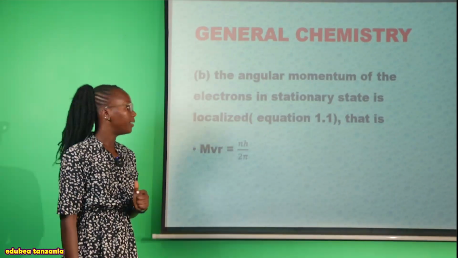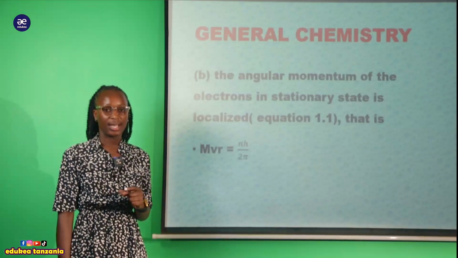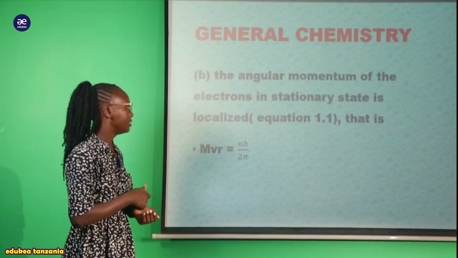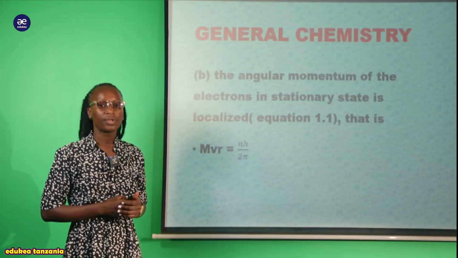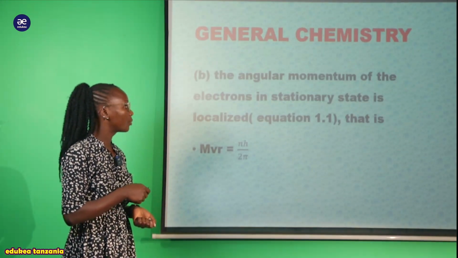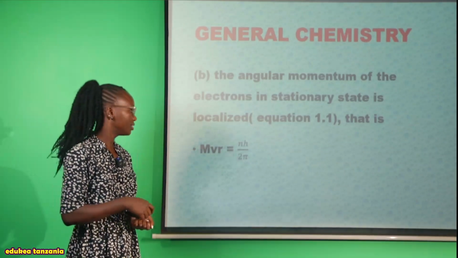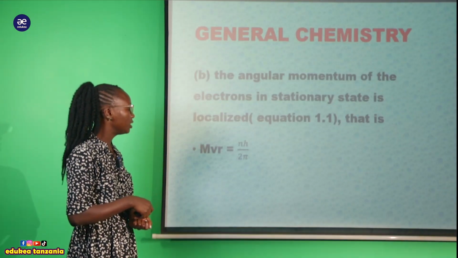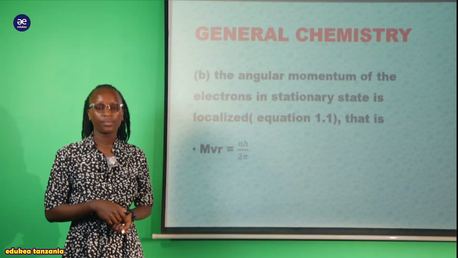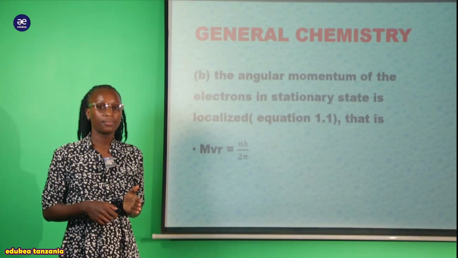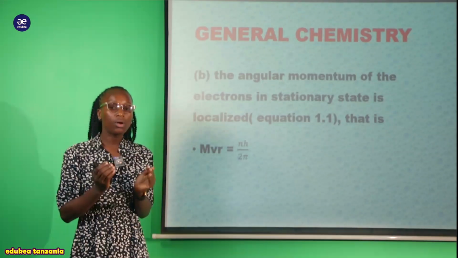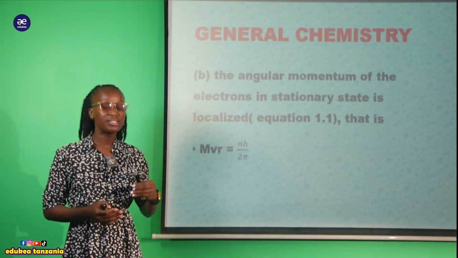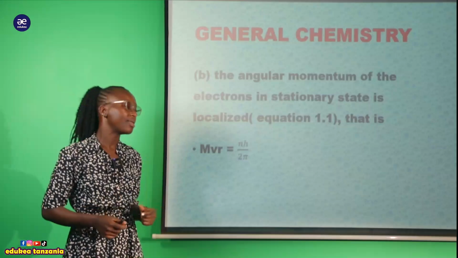The angular momentum of the electron katika ile stationary state, anasema it is localized, and this is shown in equation 1.1, that is this one, kwamba mvr is equal to nh over 2 pi. Tunasema kwamba the angular momentum of the electron, it is localized, ambapo hii angular momentum of the electron inakuwa defined by this equation.